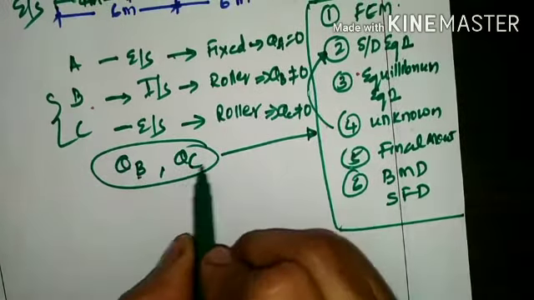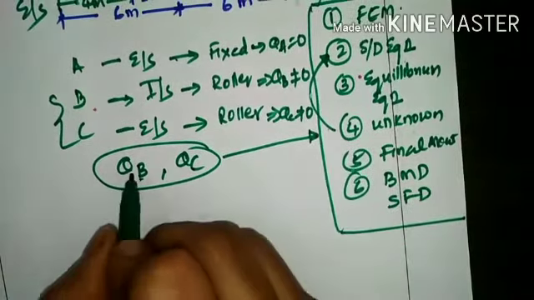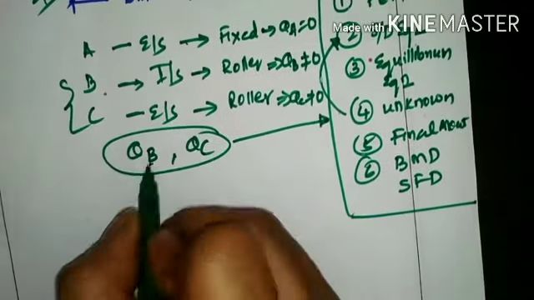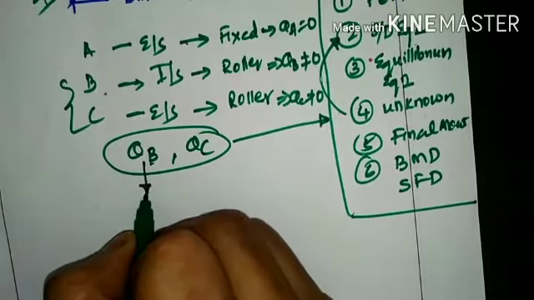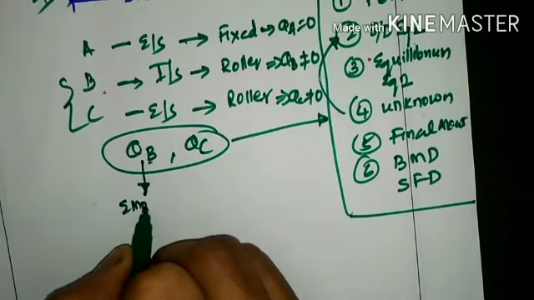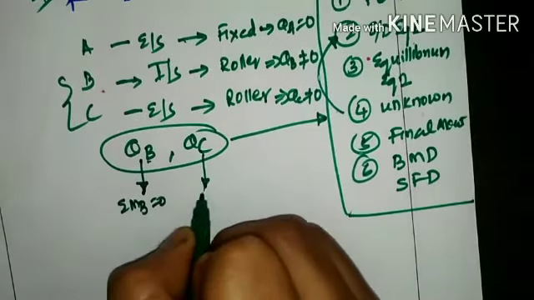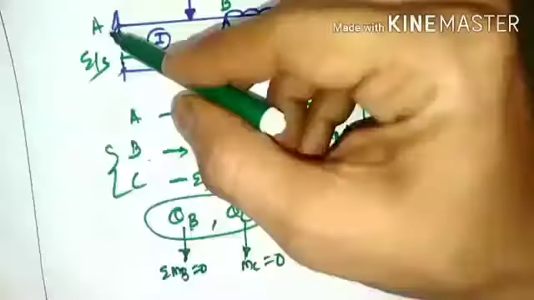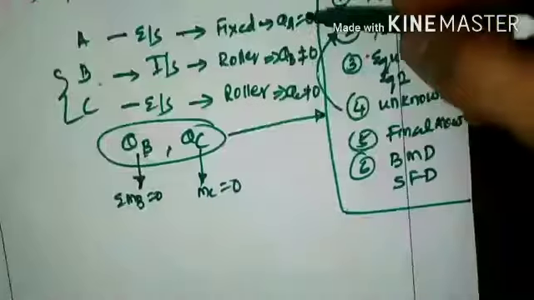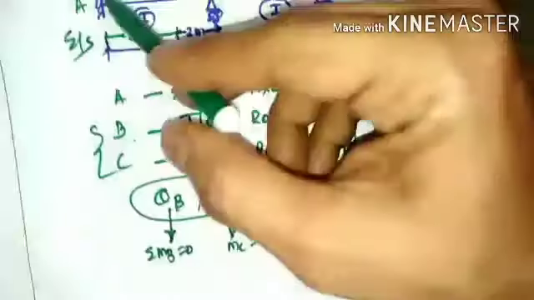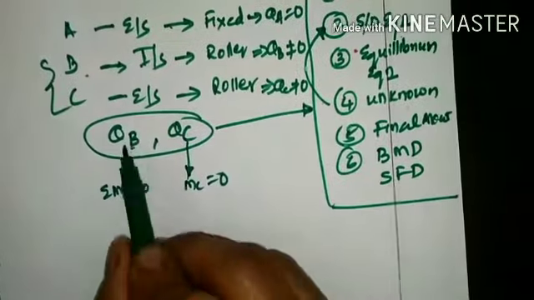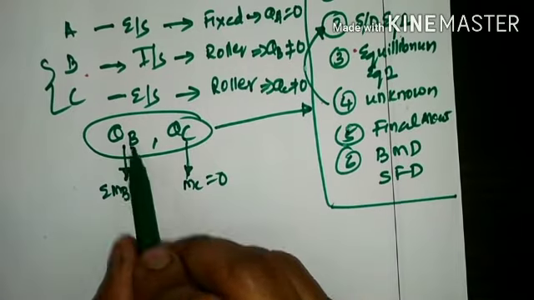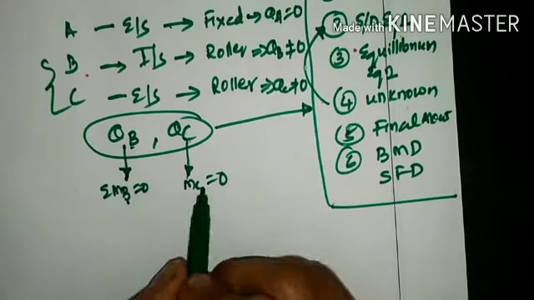Now since theta B and theta C are unknown values, and we are in a position to find them, this indicates that moment at B will be 0 and moment at C will be 0. Theta A is 0 means MA will exist. Since we are able to find theta B, MB is 0 and MC is 0.